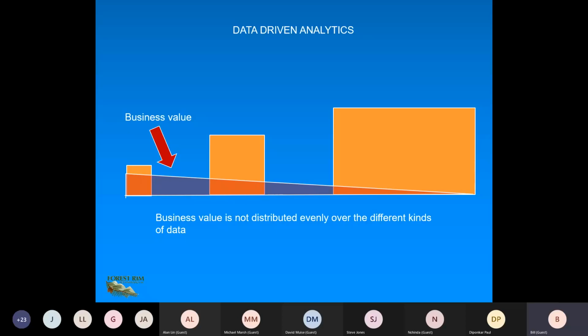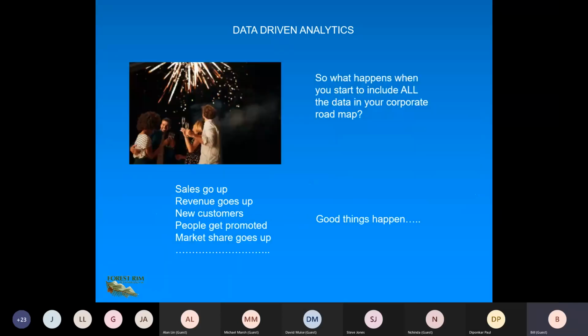So that's why it's a little bit deceptive to look at the volume of data we have in these different environments and say, shouldn't we be getting tremendous value out of machine generated information? Yes, there is business value in machine generated information, but proportionately not nearly as much as in other environments.